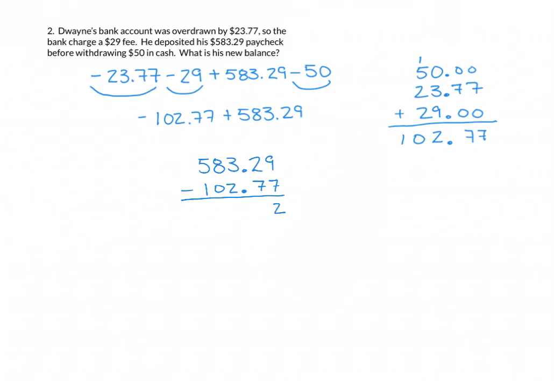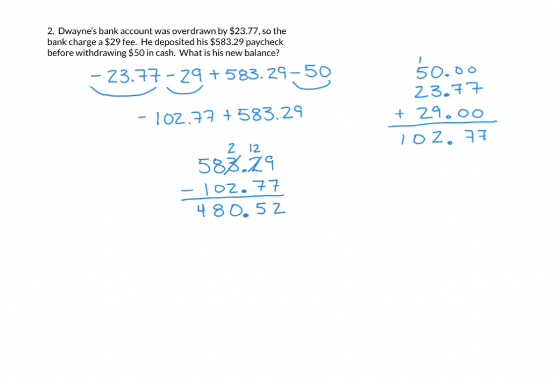I cannot take 7 from 2, so I need to borrow. The 3 becomes a 2, and my 2 becomes a 12. 12 minus 7 is 5. 2 minus 2 is 0. 8 minus 0 is 8. And 5 minus 1 is 4. We bring down our decimal point.